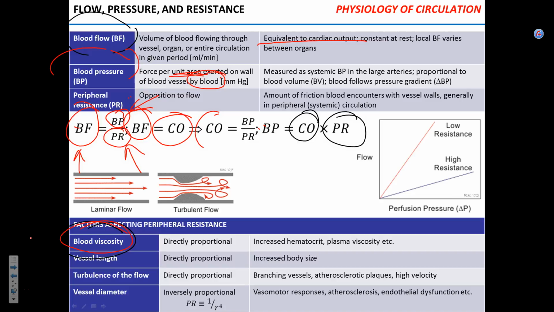Length of the vessels: if the heart has to pump blood through longer vessels, it has to develop higher pressure, so increased body size may contribute to the increased blood pressure in obesity. Okay.